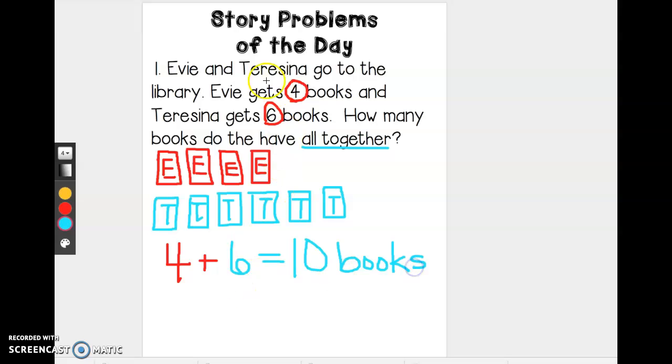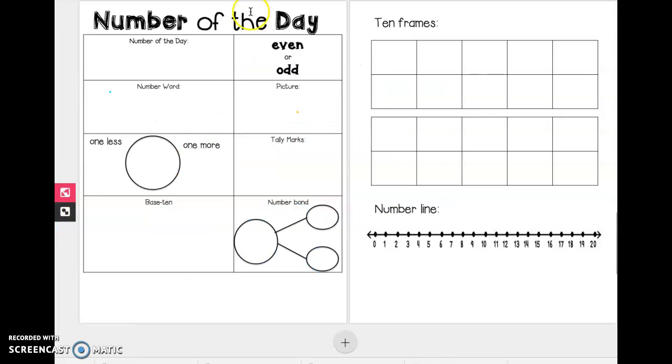Now, I want us to look just real quick at our number of the day, paper 2, because we could always use a 10 frame to help us, couldn't we?